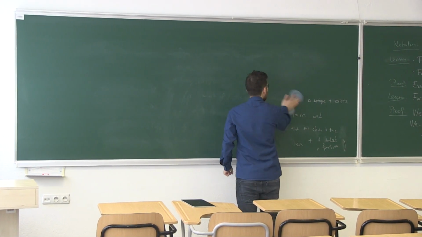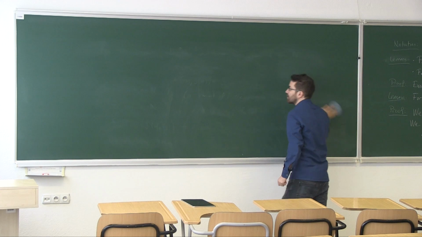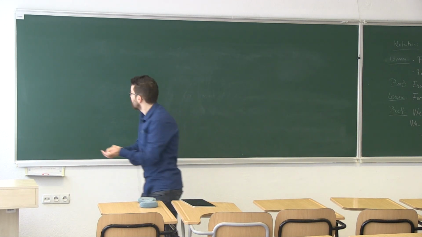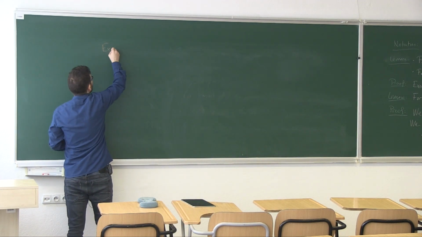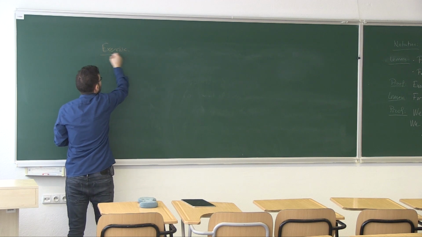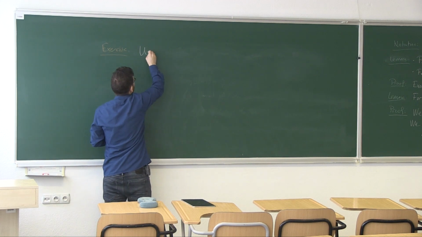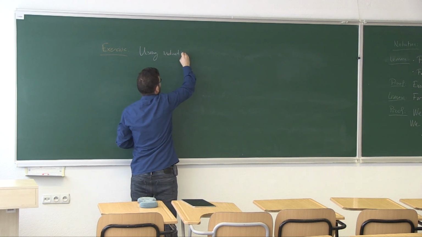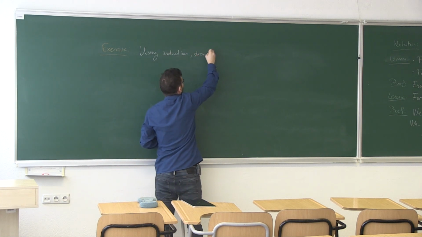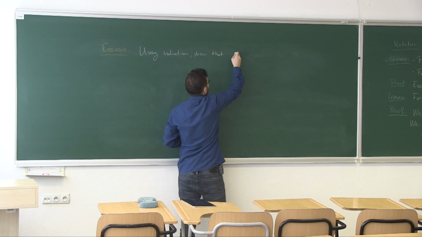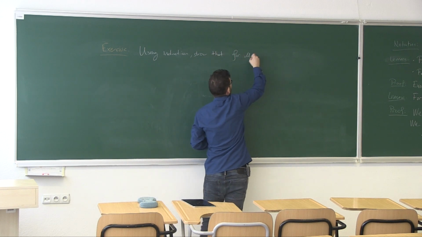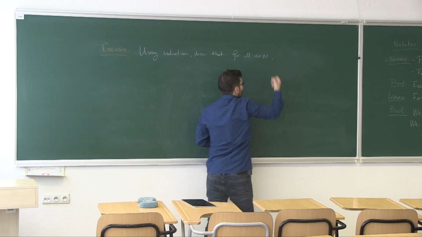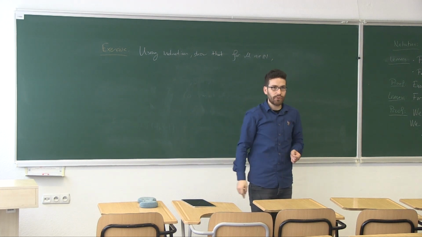But before that, I need to give you an exercise, okay? So exercise: using induction, show that for all natural numbers n, you see at this point we don't know that the addition is commutative.